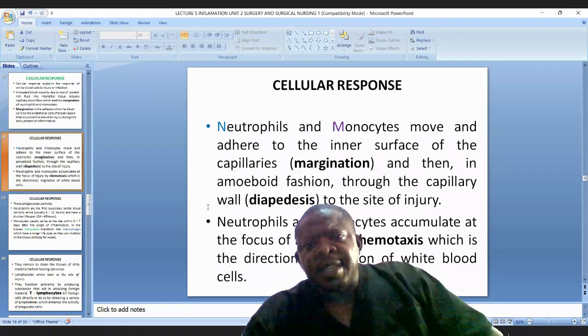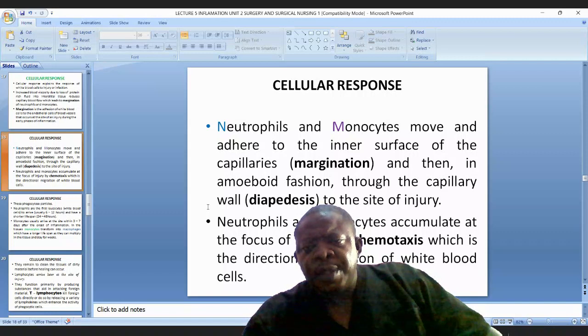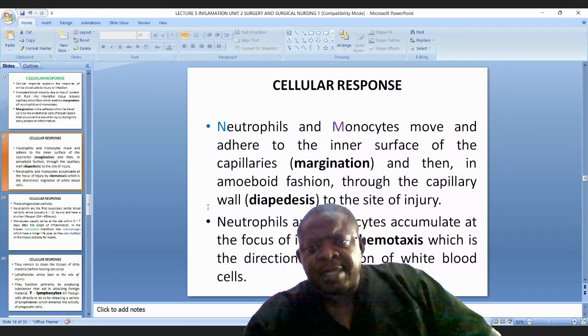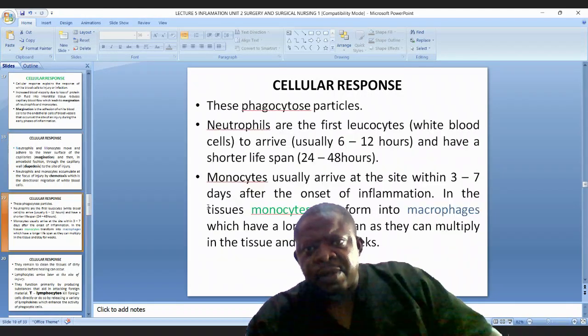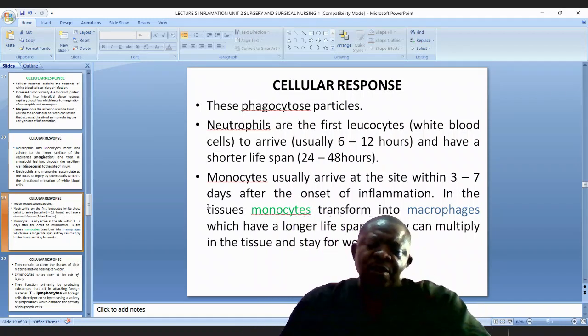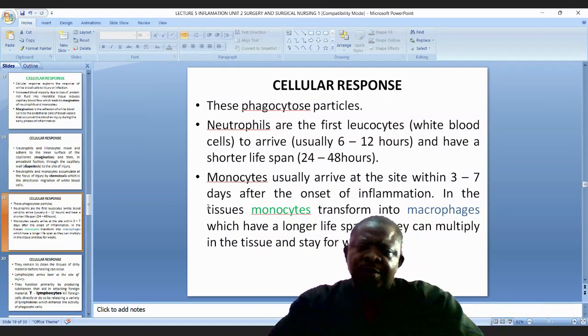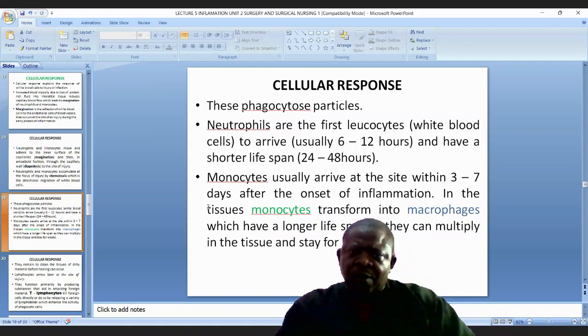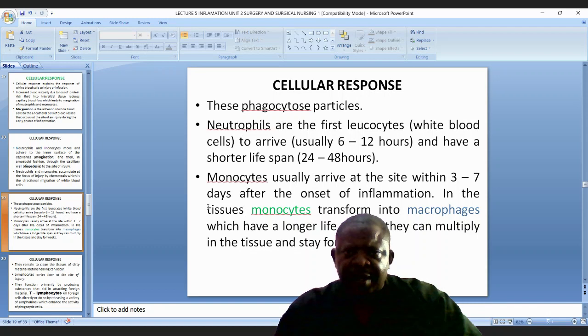Then those that will pass through the wall of the blood vessels, which is by process of diapedesis, then will allow formation of meshwork outside the blood vessels. Okay, so when the neutrophils and monocytes pass through the walls of the blood vessels, they start to phagocytose foreign material that might be within these areas.